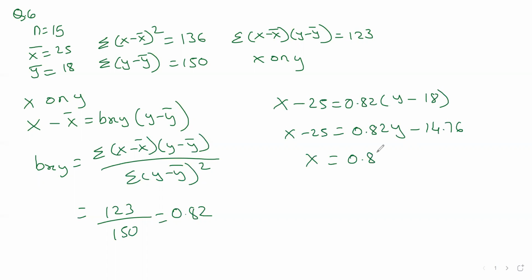X is equal to 0.82 y minus 14.76 plus 25. So x is equal to 0.82 y plus 10.24. This is your equation x on y. Done.